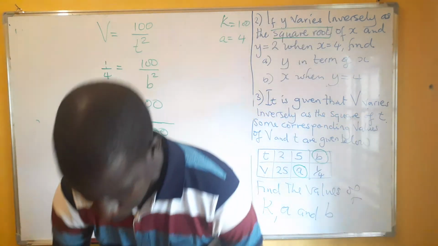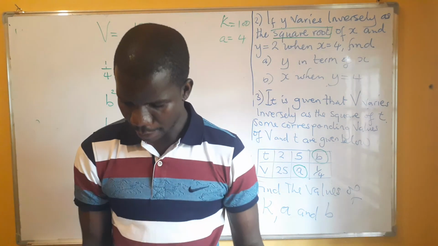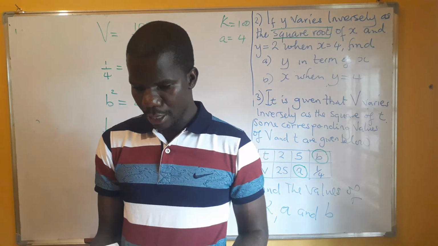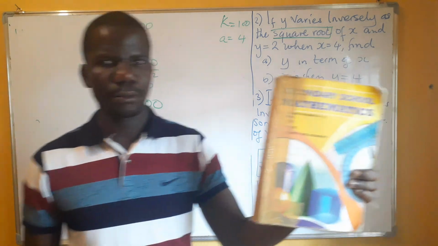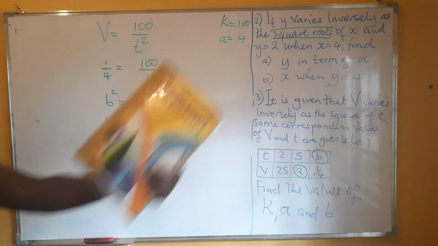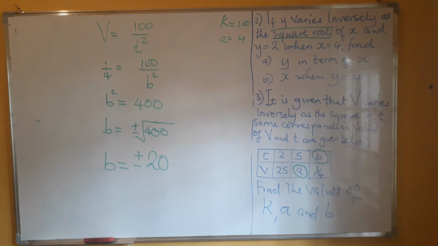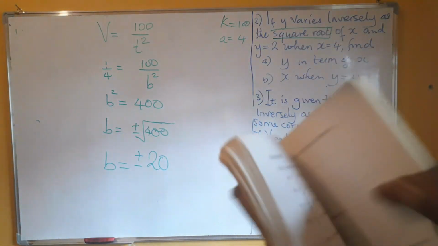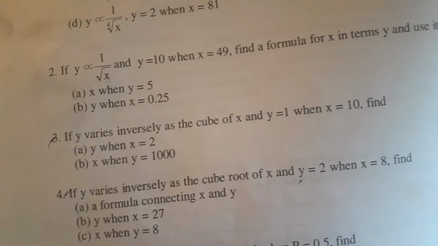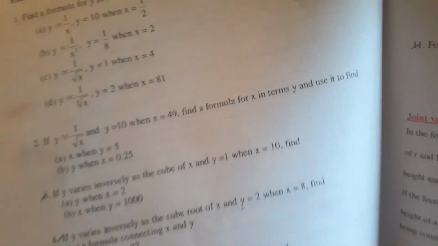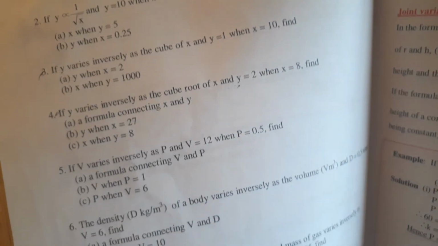Okay, so as per our tradition, I'm going to give you some questions. Those questions are coming from this book. If you have this book, you can use it. That is where I'm going to get these questions. You go to the page, you see these questions here, you can try all of them.